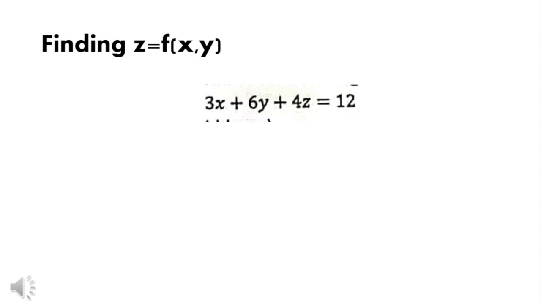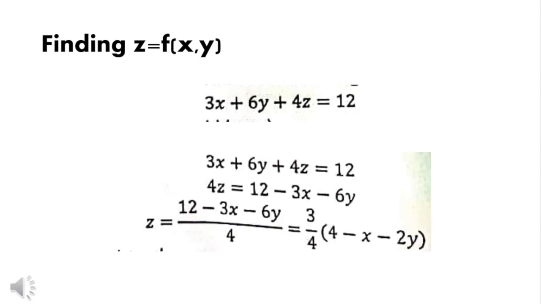Then we change this function to a z function. With mathematical operations, we get z equals (12 minus 3x minus 6y) divided by 4, or we can simplify this to 3/4 times (4 minus x minus 2y).